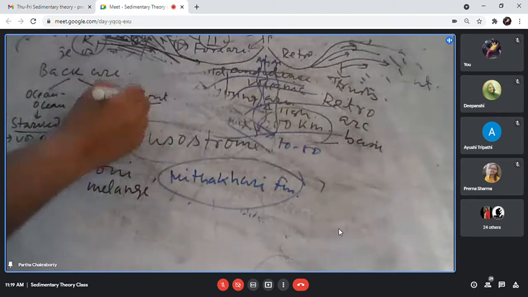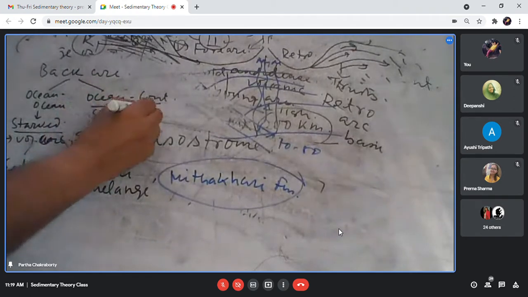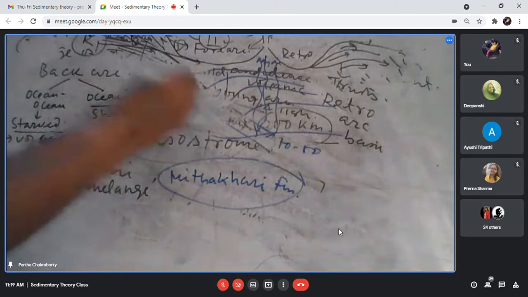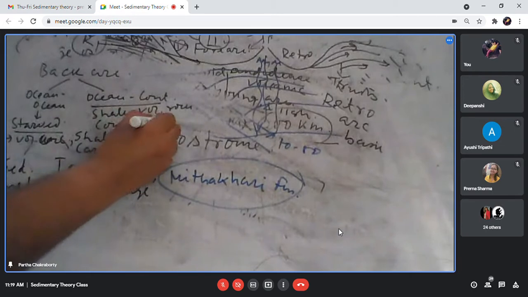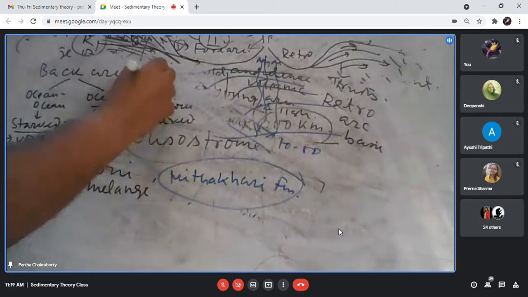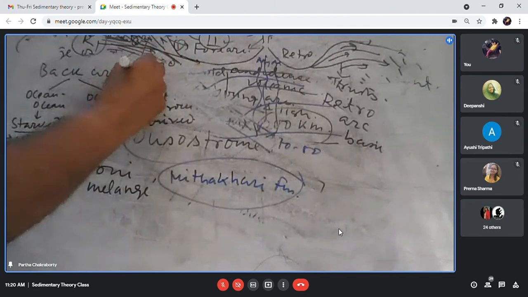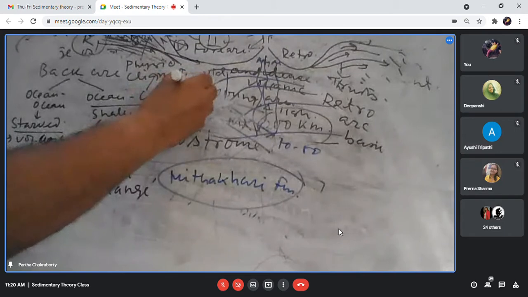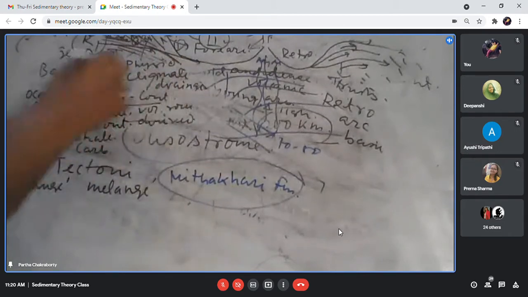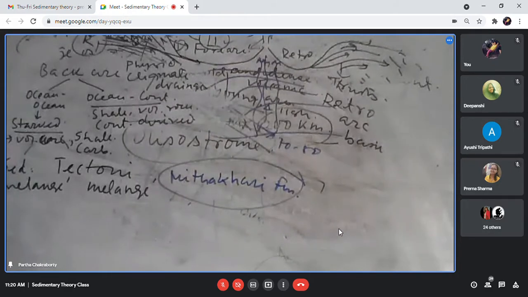In case of ocean-continent, then you get the shale, and volcanic rock will remain. Along with that, the continent-derived sediment. It depends upon the physiography, climate, drainage. All these in the continental part will control what sediment will be supplied in the back arc. Clear?